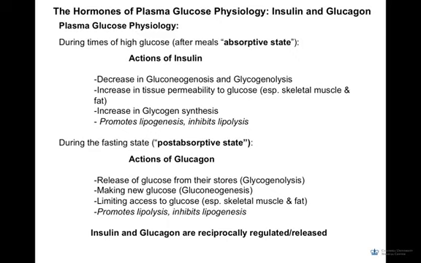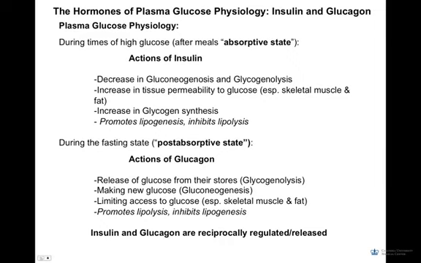Insulin is the hormone of the absorptive state. Insulin is the hormone that inhibits all of the enzymes for gluconeogenesis and glycogenolysis, so it shuts off those two processes.